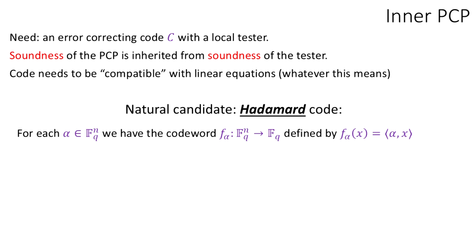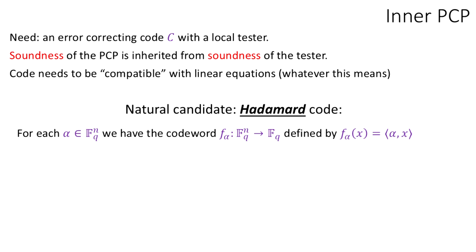So I encode it using the truth table of the function alpha times x, where x ranges over all of F_q^n. This is a nice code, it's very useful, we like it. It's a good error correcting code.